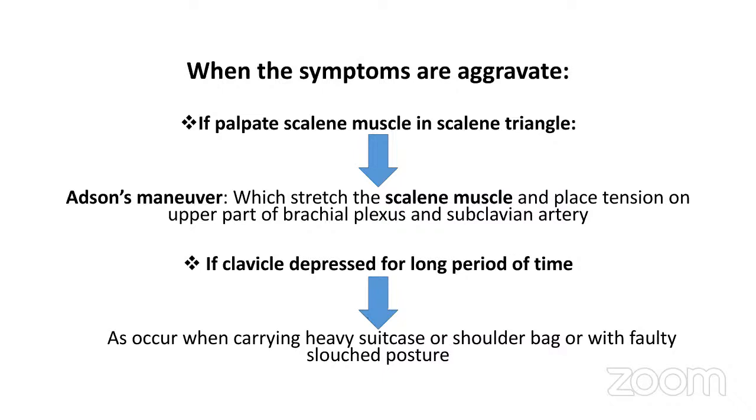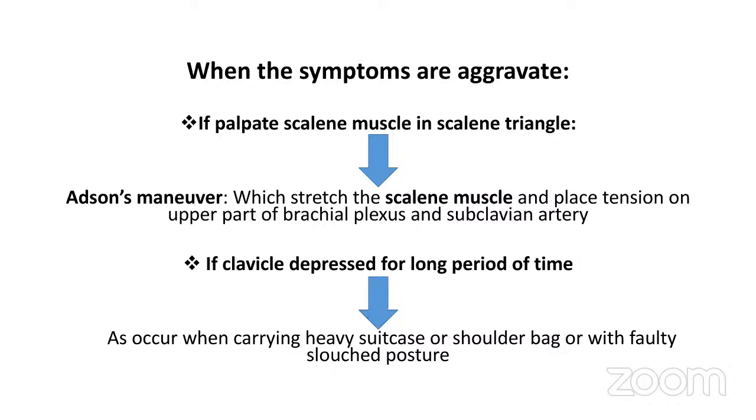The subclavian vein is not part of the interscalene triangle, so it will not be affected. Now, second, if the clavicle is depressed for a long period of time, as we had seen earlier, a person carrying a heavy bag has that side shoulder depressed and there is traction on the shoulder girdle tissue.